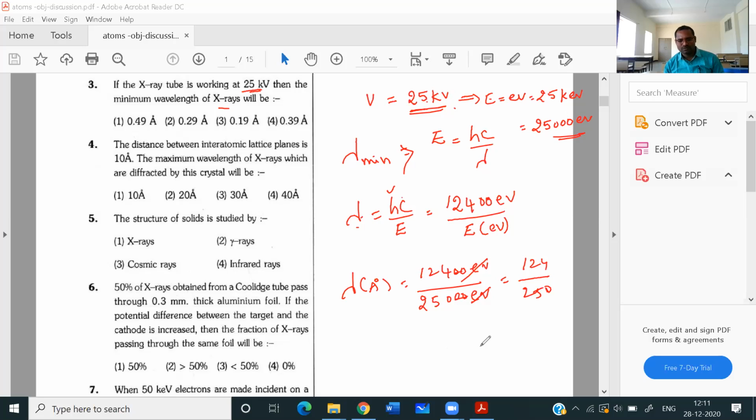This value comes out to be nearly 20 angstroms. 124 by 250 means 12.4 by 25. Option 2 is the right answer. Next.